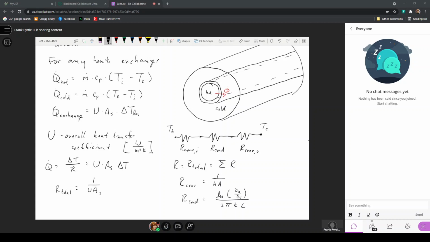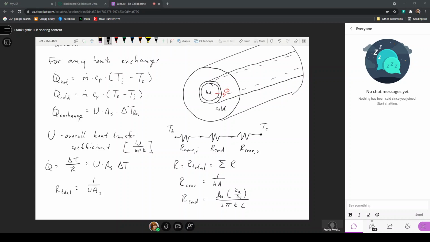That log mean temperature difference was an expression that we defined when we were solving problems that had a constant surface temperature for an internal flow. So there was a pipe with a surface temperature that was constant that caused the temperature of the fluid to vary logarithmically.